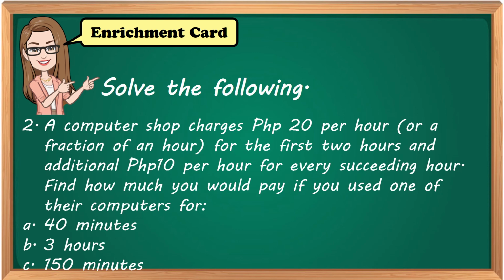So this problem is an example of a piecewise function wherein for the first 2 hours or a fraction of 2 hour, kahit hindi mo natapos yung 2 hours, magbabayad ka pa rin ng 20 pesos. And then, every hour, magbabayad ka na ng additional na 10 pesos. So, first 2 hours, 20 pesos. For every succeeding hour, you're going to add 10 pesos. Magkano daw ang babayaran mo kung ginamit mo yung computer for 40 minutes, for 3 hours, at for 150 minutes.